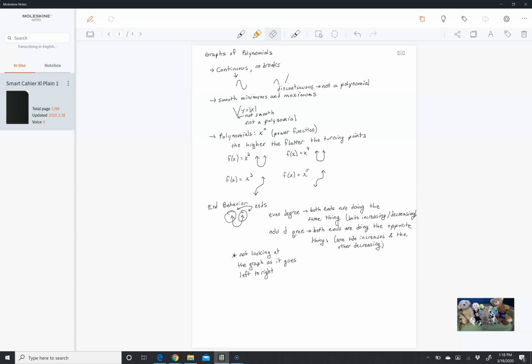So imagine standing in the center of the graph. And if you look to the left, what's happening? If you look to the right, what's happening?